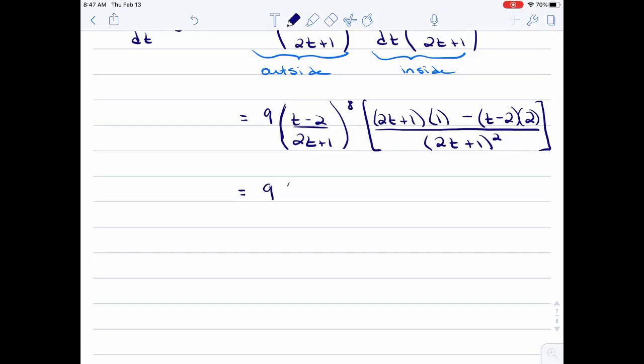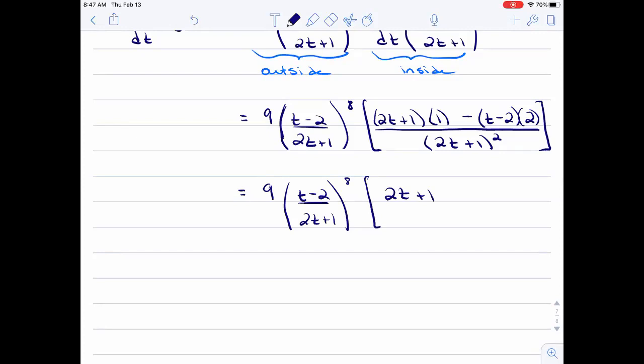So we have 9 times t minus 2 over 2t plus 1 just to the power of 8. That's just held steady. I can clean up this quotient here, and so I've got 2t plus 1 times 1, nothing happened. And then expand, well, I can bring in the 2, so I've got 2t minus 4, and then bring in the negative.